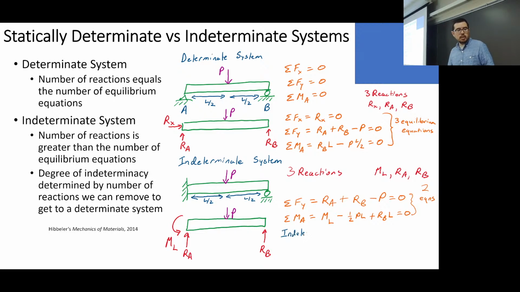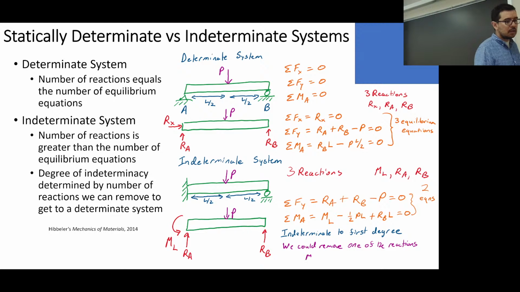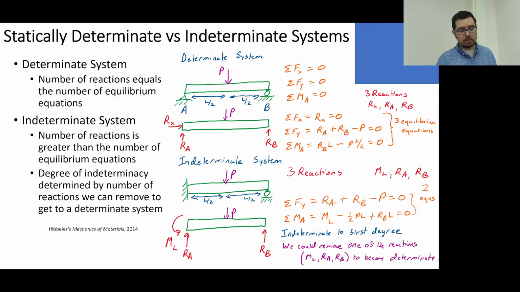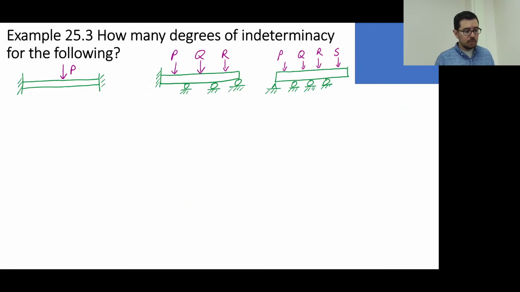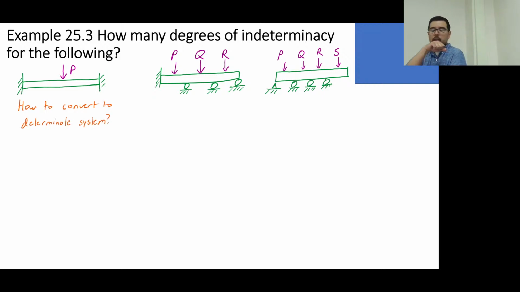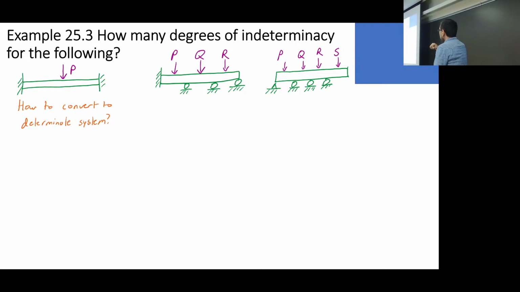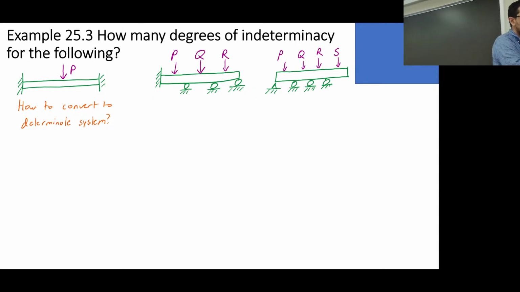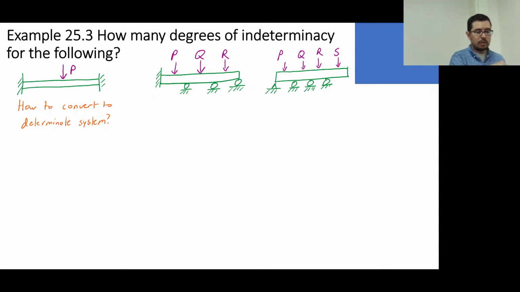And this would be indeterminate to the first degree because we have 1 extra unknown. Another way to look at this problem is to ask ourselves a question: how could we convert this system to a determinate system, for the degrees of indeterminacy?